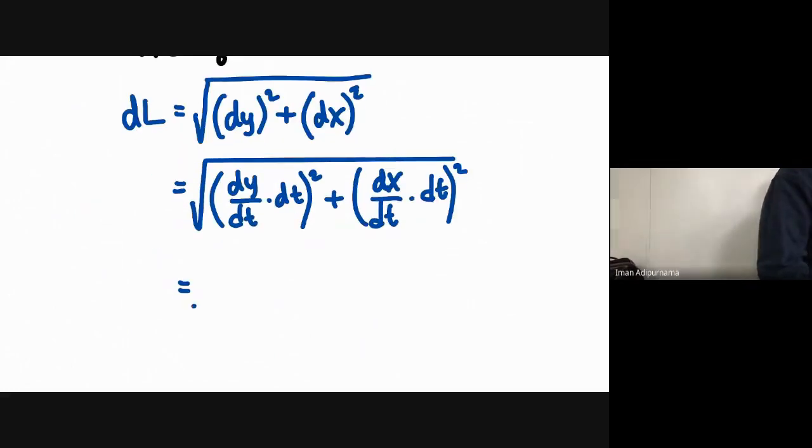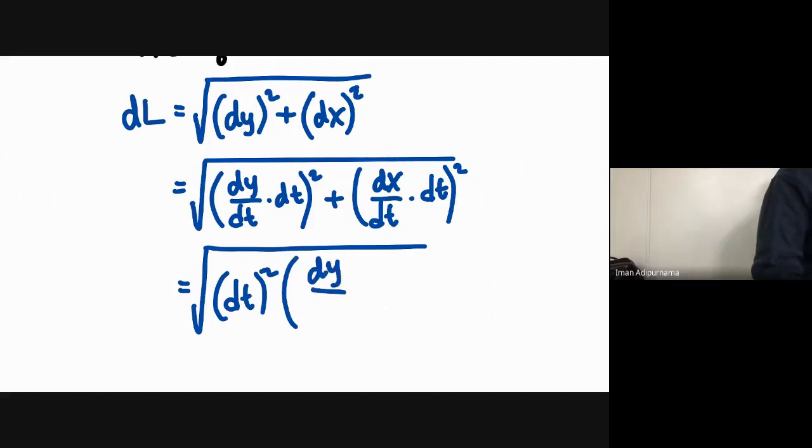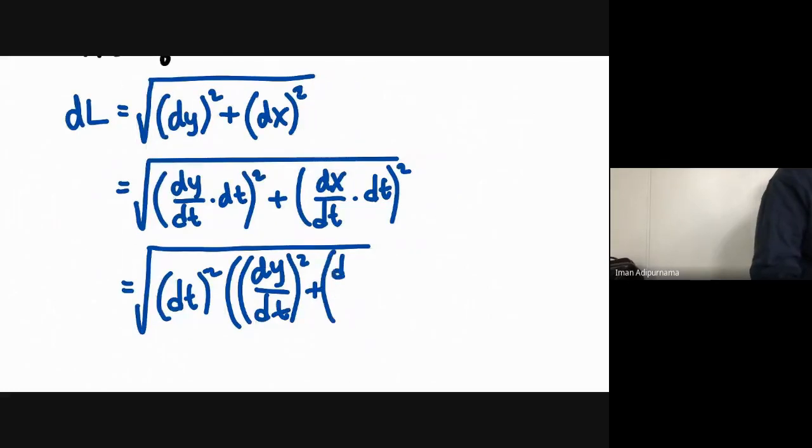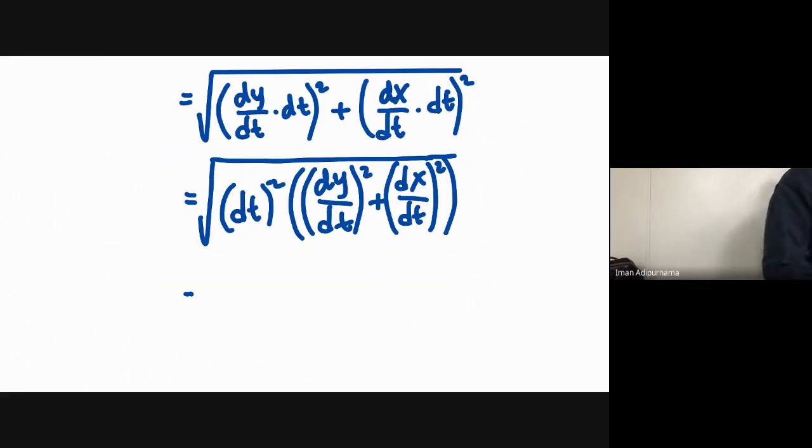Now factorize dt. This is dt squared, and we have dy over dt squared plus dx over dt squared. And simplify one more time.